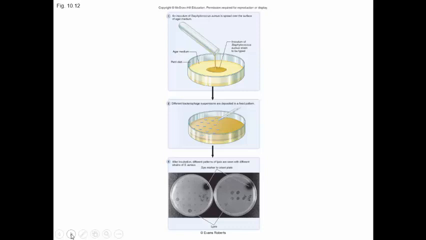Here's the importance about PulseNet. PulseNet basically is a national network of public labs that perform DNA fingerprinting on the bacteria that may be foodborne. So the network identifies and labels each fingerprint pattern, permits rapid comparison of these patterns through an electronic database at the Centers for Disease Control and Prevention, CDC.